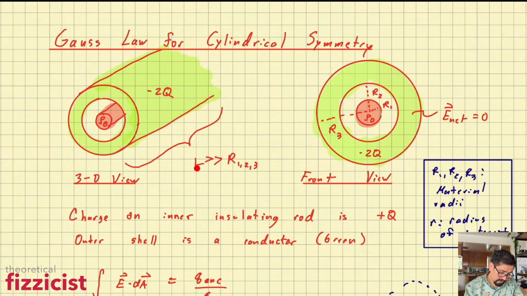The thing that I told you is we're going to make the assumption that both this insulating rod on the inside and this outer conducting shell are very, very long in comparison to their cross-sectional geometric parameters of description, right? Or in other words, that the length of this rod and the length of this conducting shell is much, much greater than the radii of their cross-sections, okay? Now, what does that do for our flux integral?